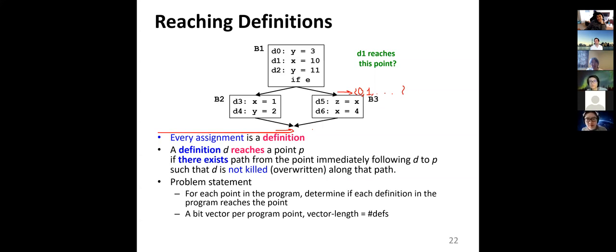Because it's overwritten in both paths. Yes. So what's important is not just that it's overwritten here, it's overwritten on both paths. So D1 doesn't reach this point, neither if I go this way nor that way. It's always overwritten. This will help you get a feeling for the complexity of the problem.